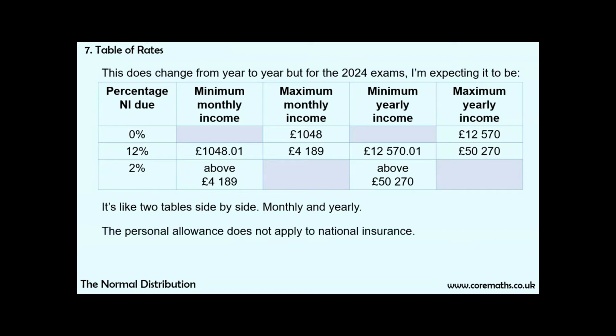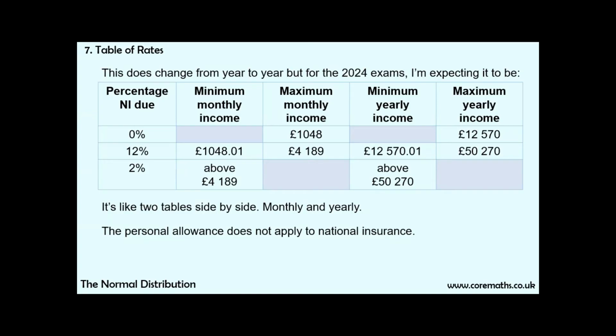One thing that's really worth bearing in mind is that the personal allowance we were talking about is not actually applicable to national insurance. You'll see in a minute that it feels like it is, but it's technically different. The 0% bracket goes up to 12,570, which is conveniently the same value, to make it easier to calculate.